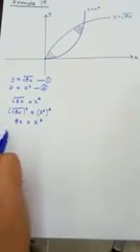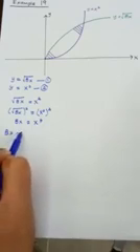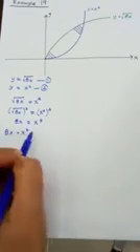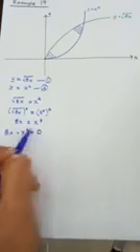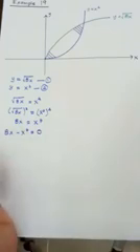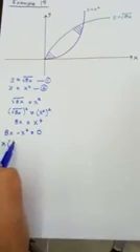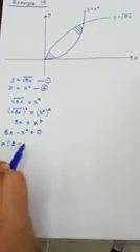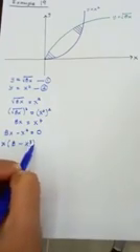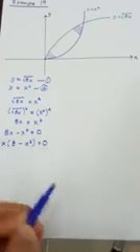So we have 8x minus x to the power of 4 is equal to 0. From here we can factor out x. So we have x times 8 minus x cubed is equal to 0.